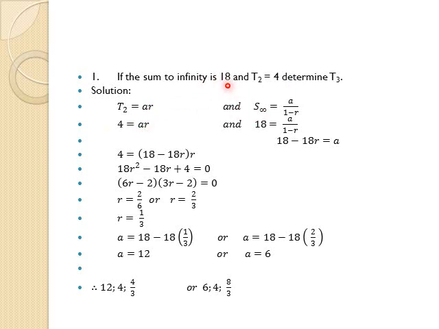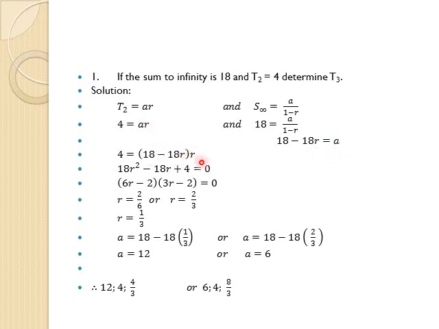For sum to infinity equal to 18, the equation is sum to infinity equals A over 1 minus R. If I multiply 1 minus R away, I have 18 times 1 which gives me 18, and 18 times negative R, negative 18R, equal to A. So in the place of A, I substitute 18 minus 18R.